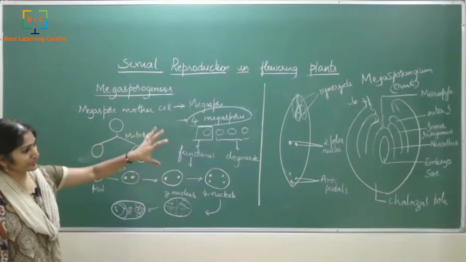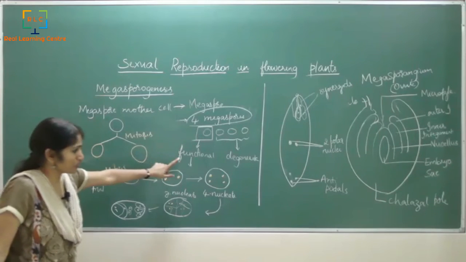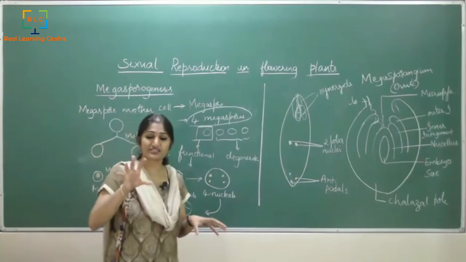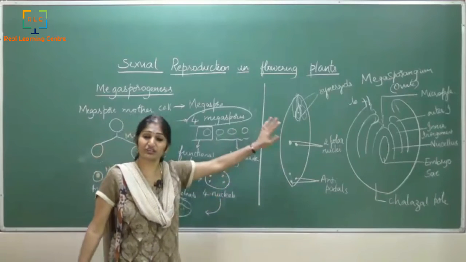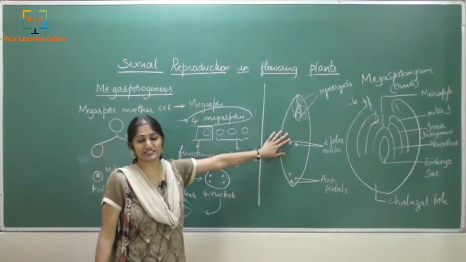That entire sac derived from one single functional megaspore has different cells present. There are basically 7 cells, not 7 different types, present inside this embryo sac.